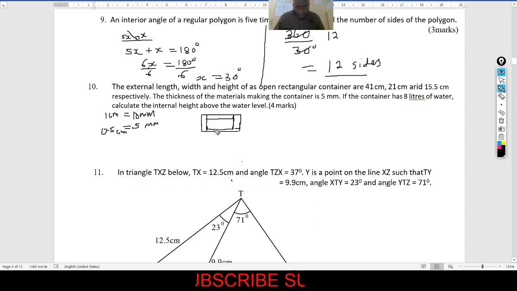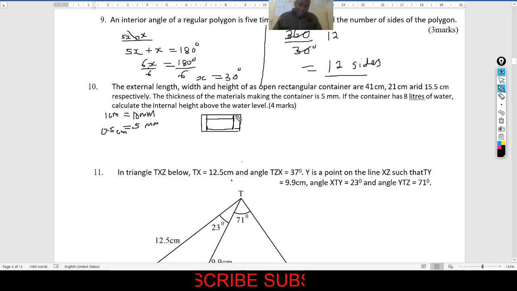We shall have 0.5 for the length on each side, and the width also 0.5 and 0.5, but the height will not be 0.5 on one side. That side is open.